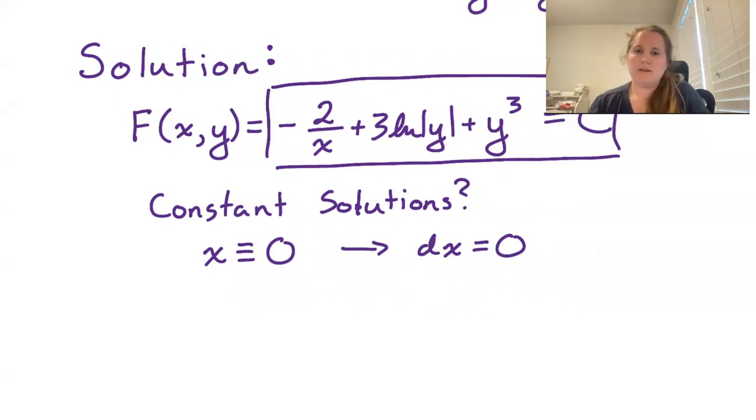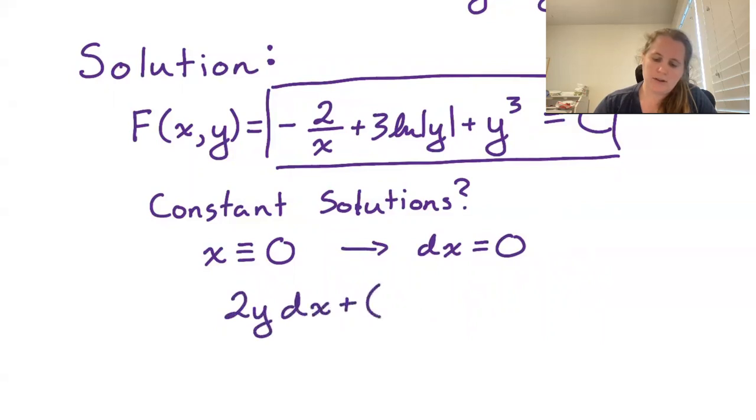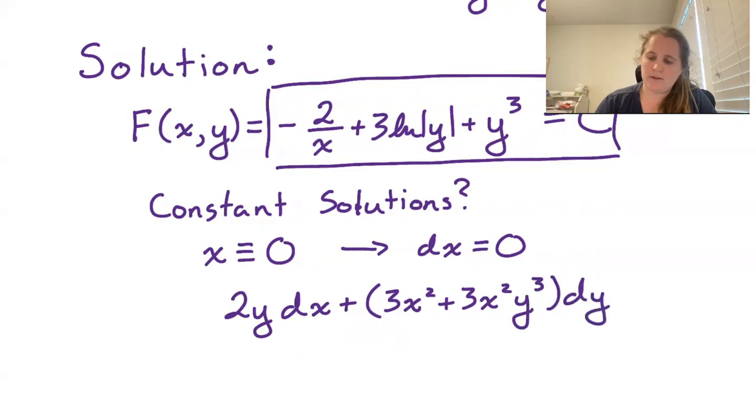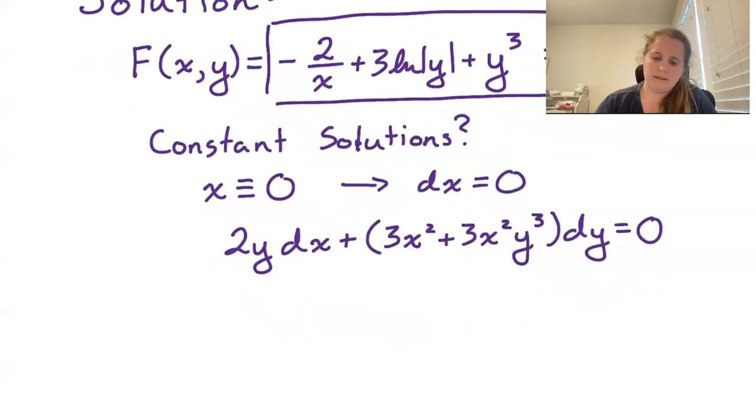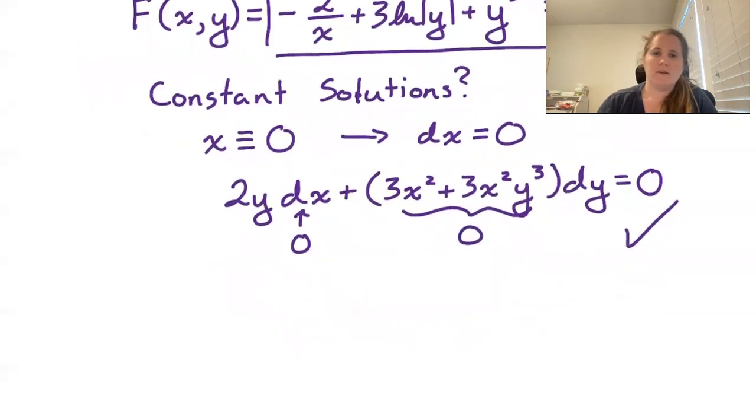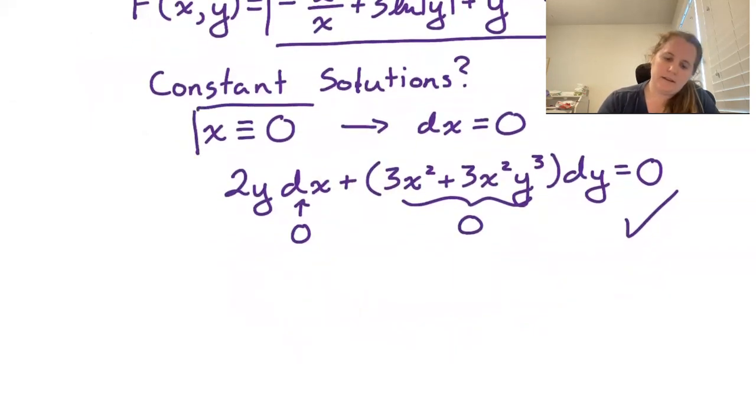And so we had 2y dx plus 3x squared plus 3x squared y cubed dy equaling 0. dx is 0, and 3x squared plus 3x squared y cubed would be 0. And so this does hold true. So x identically equal to 0 is a solution.